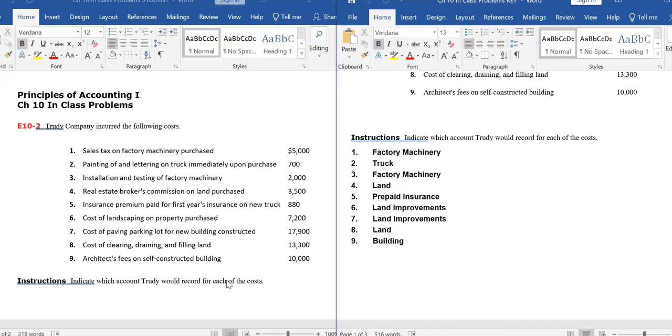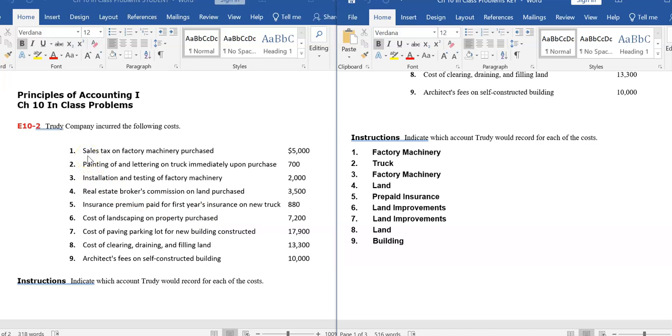So even if it's not specifically a cost of the purchase, if it is a cost of purchasing the asset and getting it in place and ready for use, it is still a cost of the asset, okay? So I'll kind of hit that as we go through this problem.